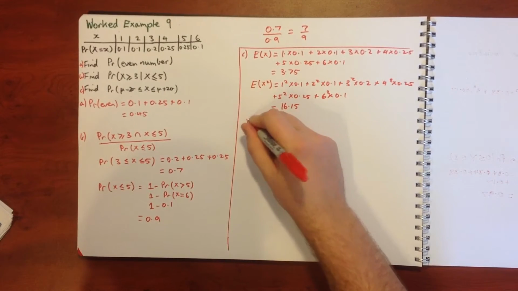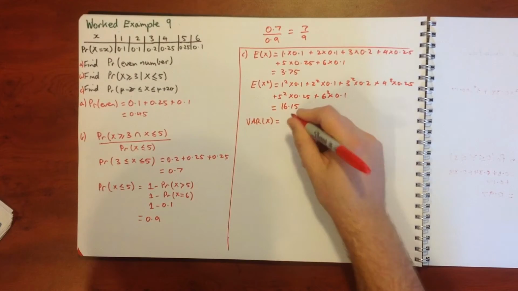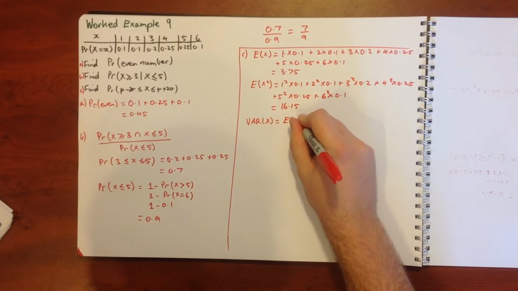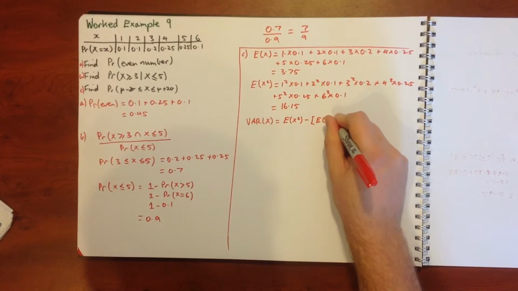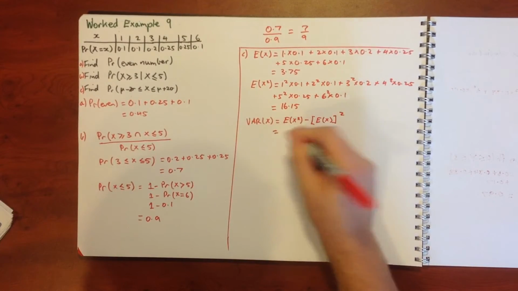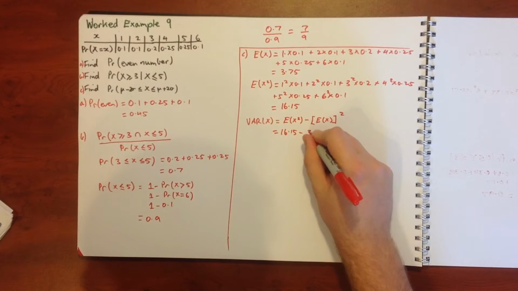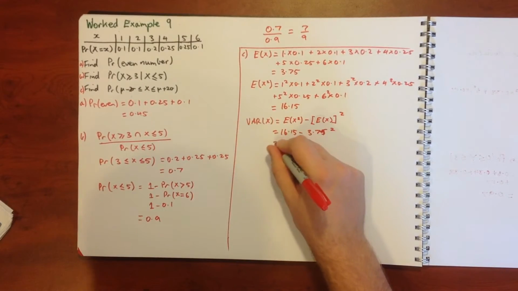Then we need our variance, which is our E of x squared minus our E of x, squared. So that means we've got 16.15 minus 3.75 squared.